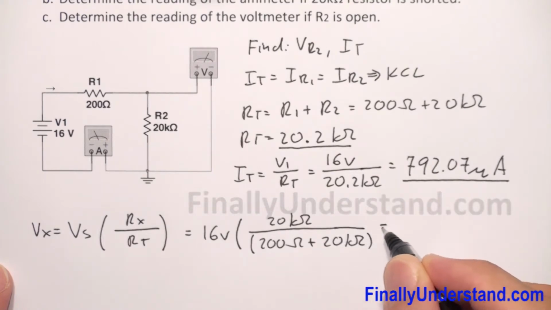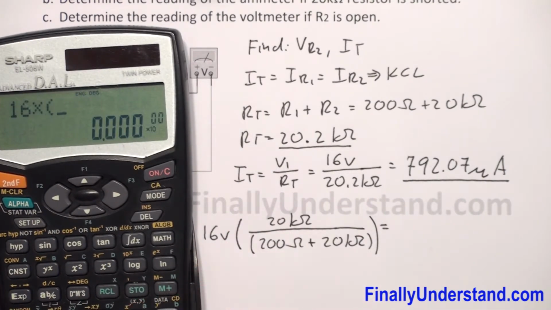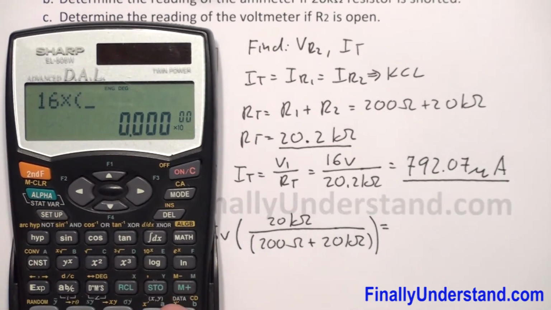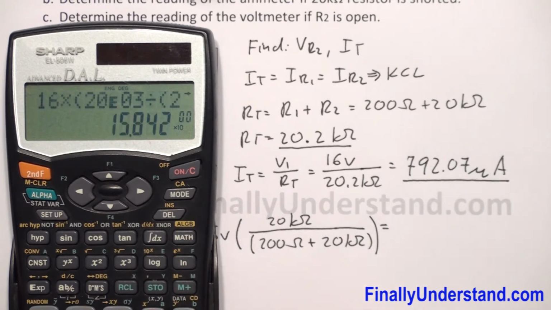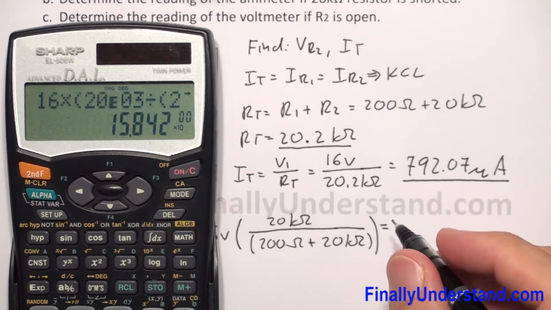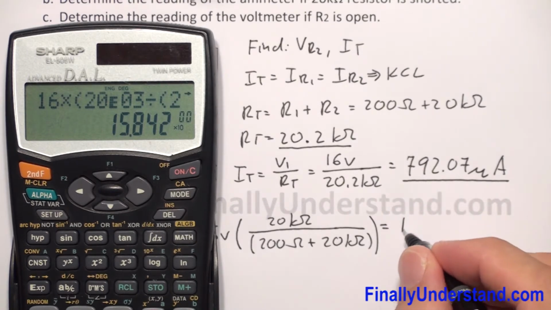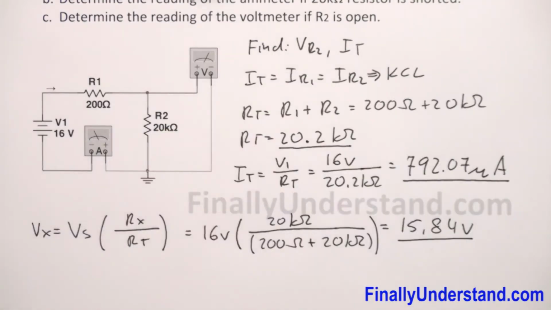On the calculator, I write 16 times open parenthesis 20 exponent 3 divided by open parenthesis 200 plus 20 exponent 3, close parenthesis. This is equal to 15.84 volts. This is the voltage across resistor R2.